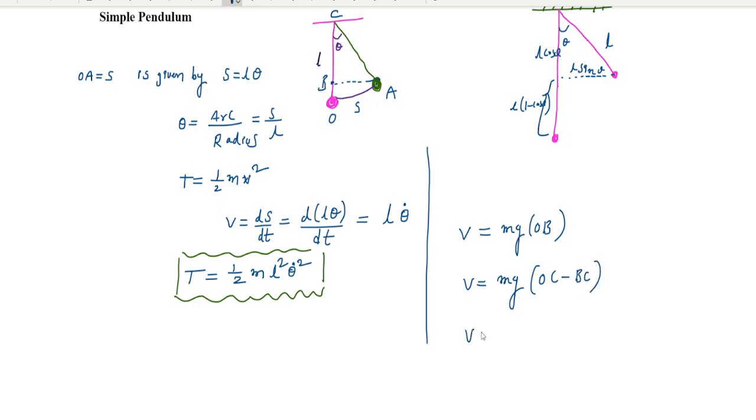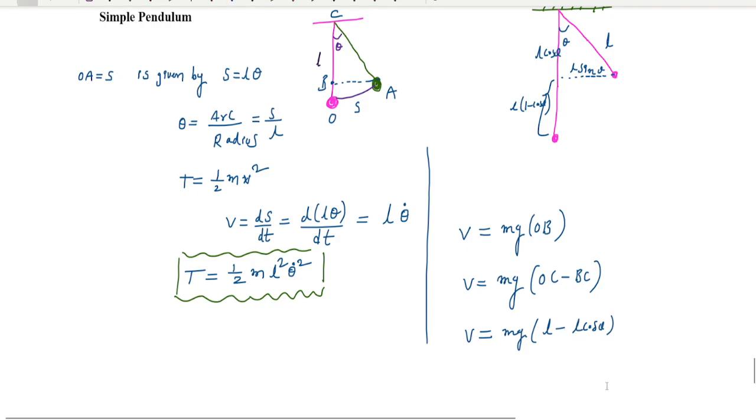Just put the values. The length of the pendulum OC is L. What is the BC value? L cos theta. So mg, this is L minus L cos theta. This is the complete explanation.